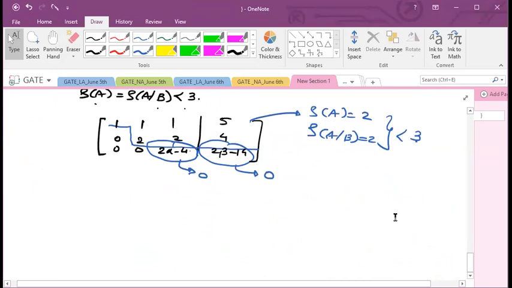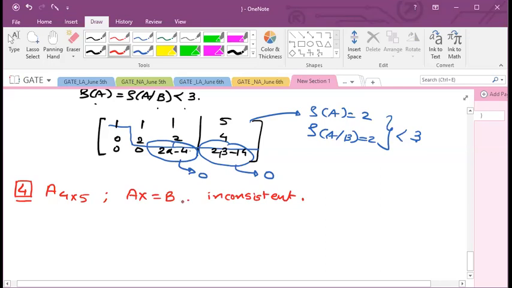Question number 4. A 4 by 5 is any real matrix, right? A 4 by 5 is your any real matrix, and Ax equal to B is an inconsistent system of linear equations.